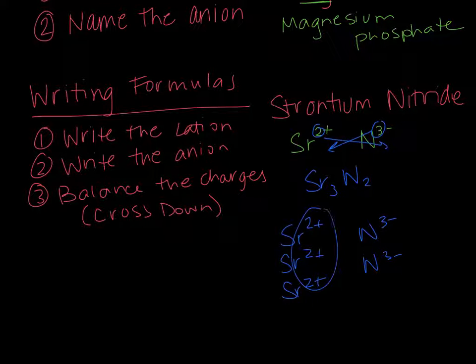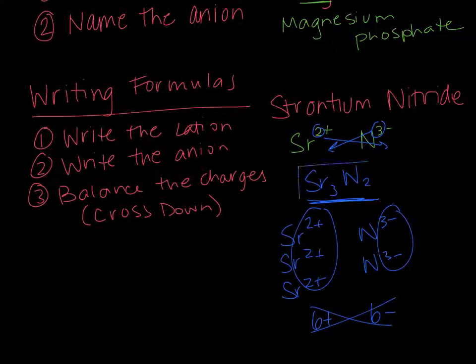So that gives us 6 pluses and 6 negatives. So that cancels out, and that's why there's no charge left on here. We have to do that for every ionic compound. So that would be the right formula for strontium nitride. If you're having problems doing this still, you need to go back and watch the video that was uploaded before this one.